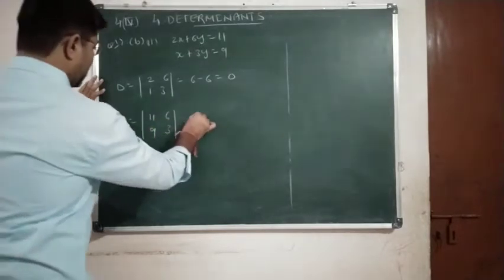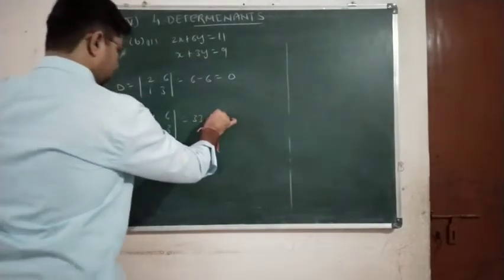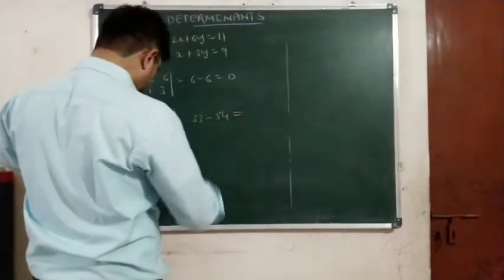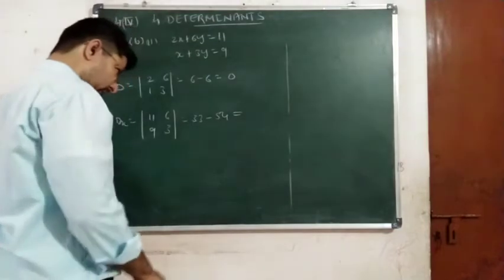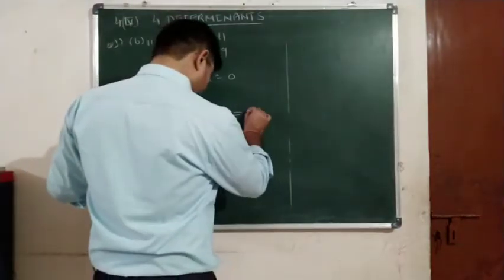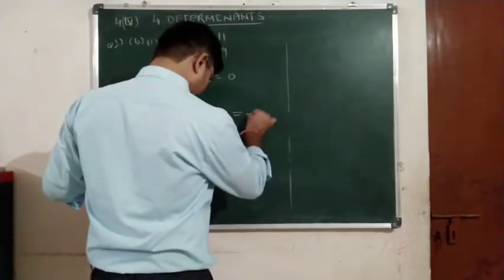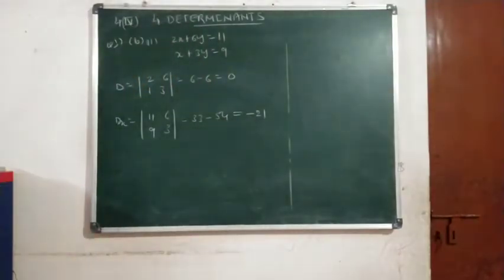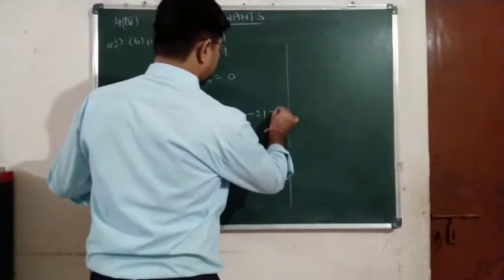Now let us solve. 33 minus 54 will be minus 21, which is not equal to 0. Clear?